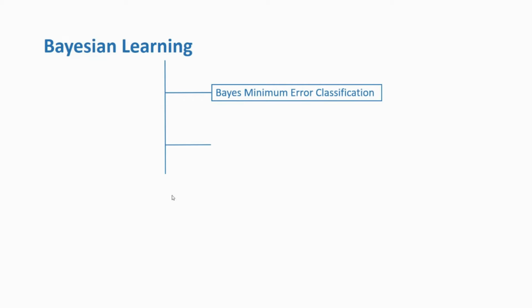And the second way is called Bayes minimum risk classification. There are two things here, and we'll learn these two terms in detail today. We'll try to derive the formulas for Bayesian minimum error classification, as well as the formula for Bayesian minimum risk classification as well. Okay, and we'll see in detail how they work.